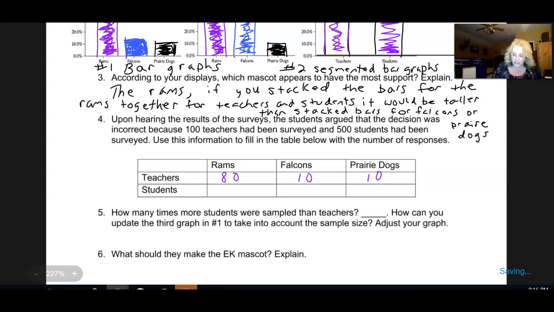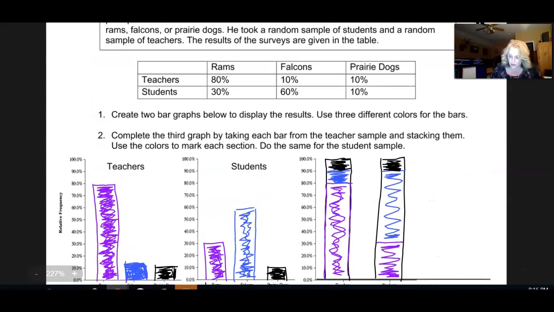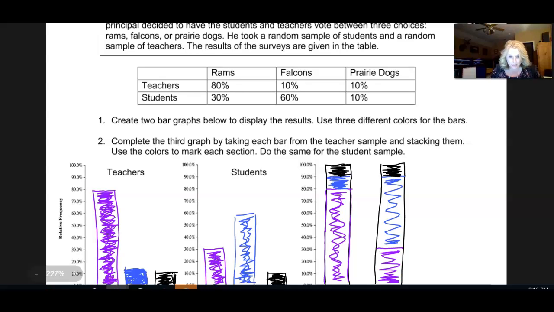And then if we look at students now, we're doing the percent out of 500, right? So when we come back up here, we're going to say 30% of 500. So 0.3 times 500, which is 150. And then 60% of 500. So 0.6 times 500 would be 300.